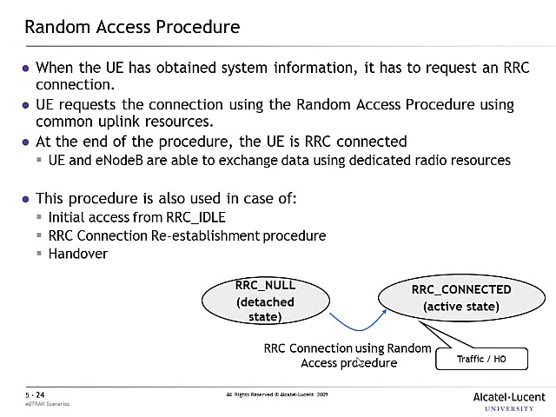You would have seen that before in both 3G as well as in 2G. A UE has to request an RRC connection, and when you do an RRC connection, you move from an idle or null state to an RRC connected state.